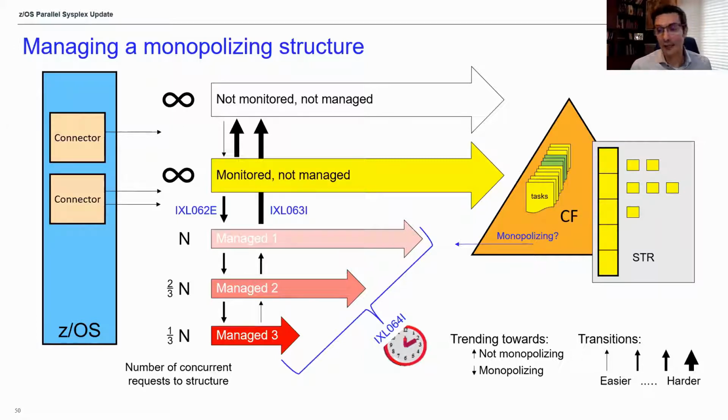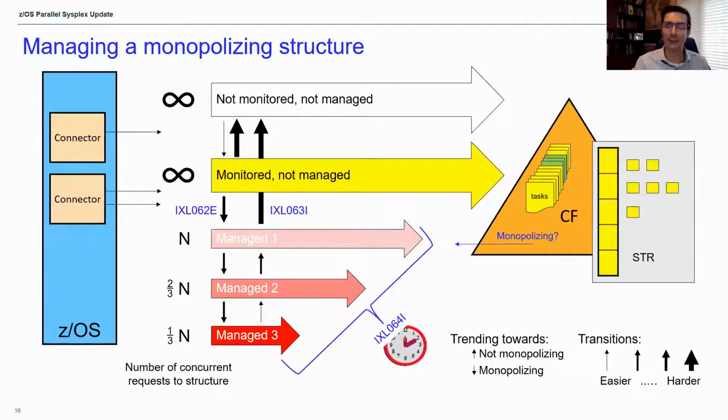if this CF monopolization avoidance is activated, XCF is going to move to a monitored phase. In the monitored phase, we continue to look and see if the monopolization continues. If it does, we will then go to a fixed number of connections, n connections, calculated as how many it will allow to run concurrently.